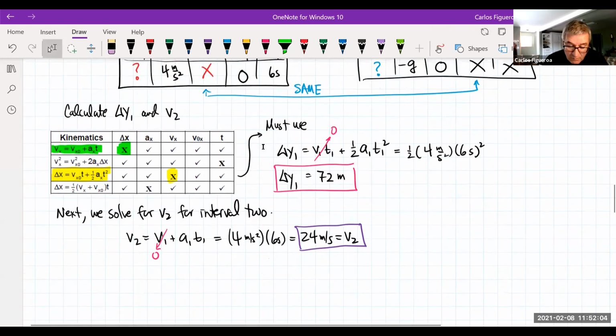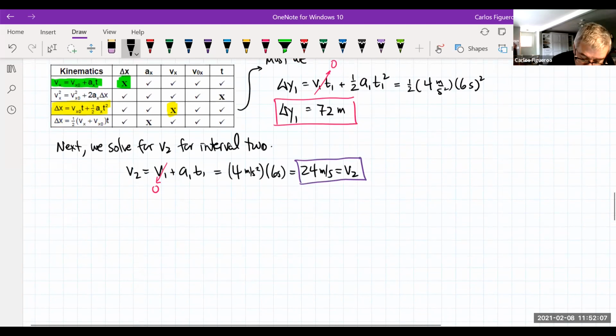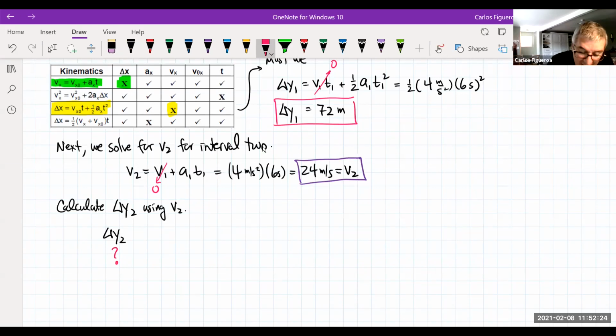So here we go. Now what we want to do here is calculate delta y2 using our v2 calculation. So if I look at my table, this is what we were solving for. And now I'm going to plug in my value here. Now remember, this is minus g, v3 is 0. We now put in that v2 that we just calculated, which is 24 meters per second.